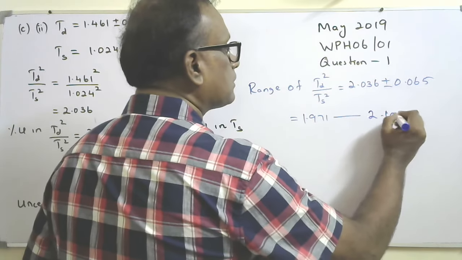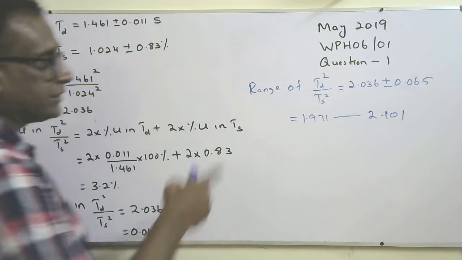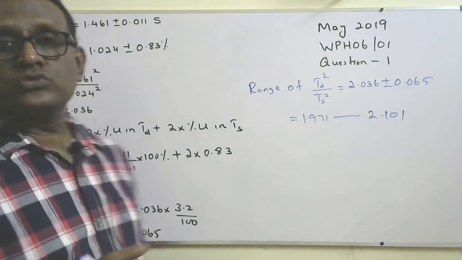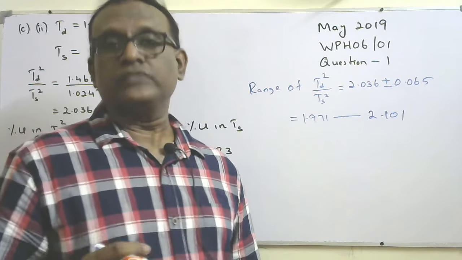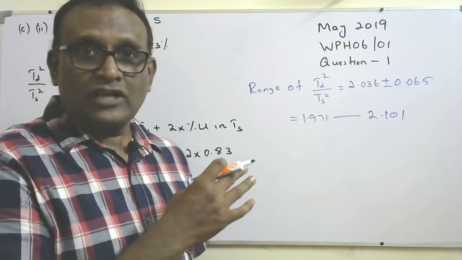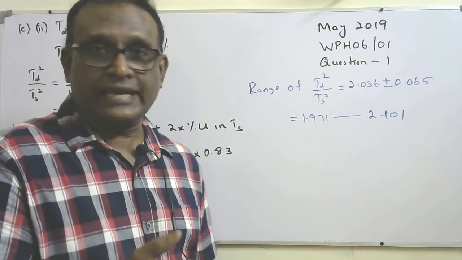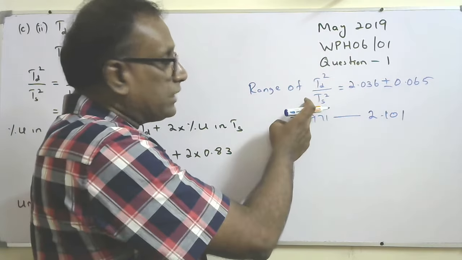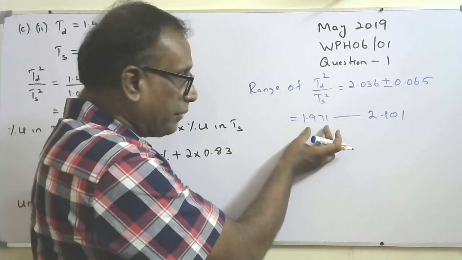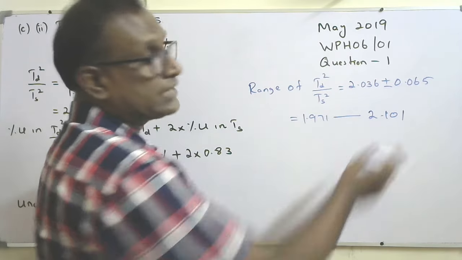2.101. So that means the theoretical value, I proved it in the previous part, Td squared over Ts squared should be 2. I already proved that by using 2 pi root of L over g, I derived it. So that is the theoretical value. Practically, through my experimental results, I can say Td squared over Ts squared is somewhere between 1.971 to 2.101.